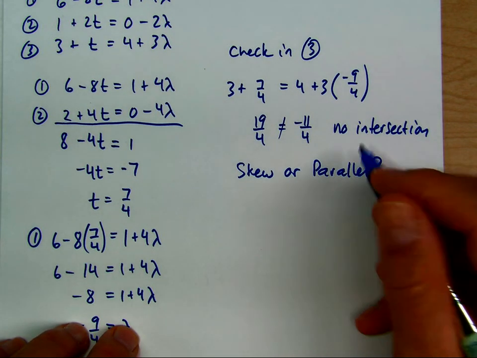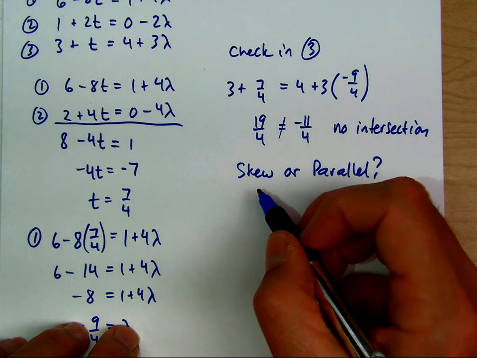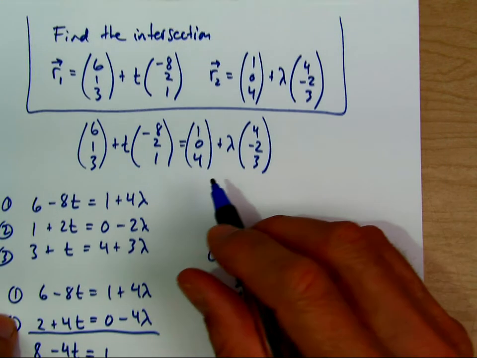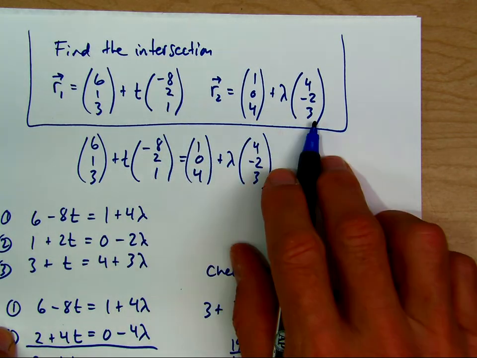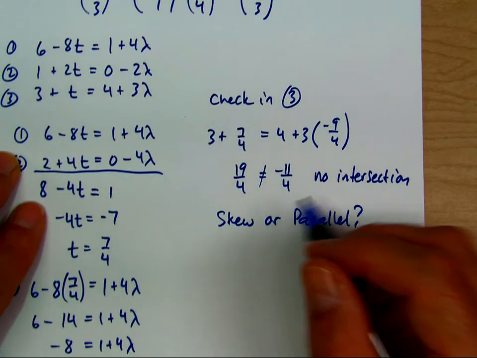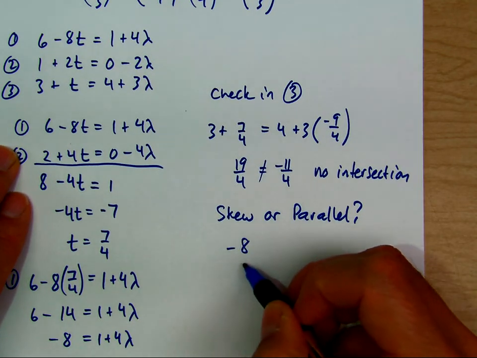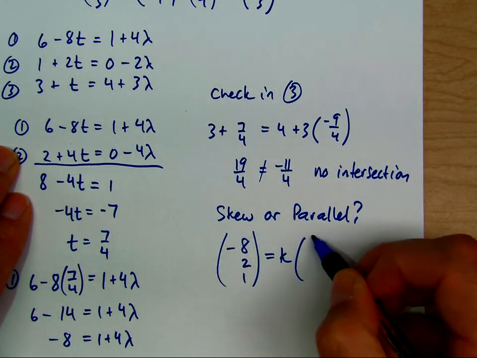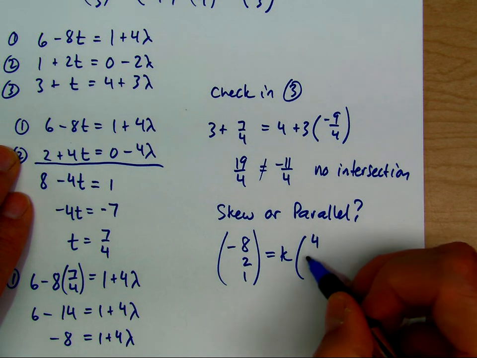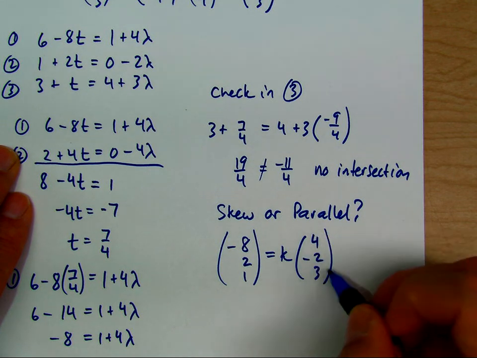So to see if they're parallel, we take the direction vectors. We want to know if these direction vectors are multiples of each other. So we're going to say is negative 8, 2, 1 equal to a multiple of 4, negative 2, 3. So those are the direction vectors.